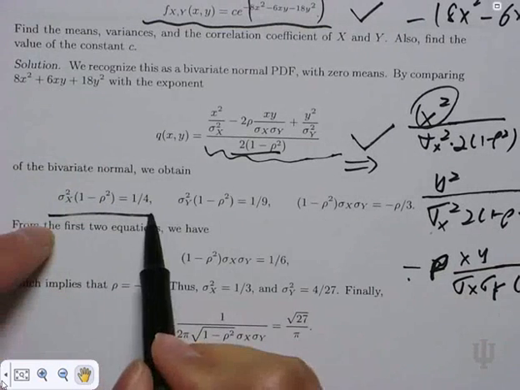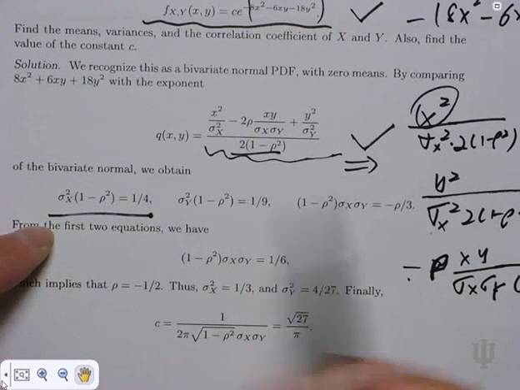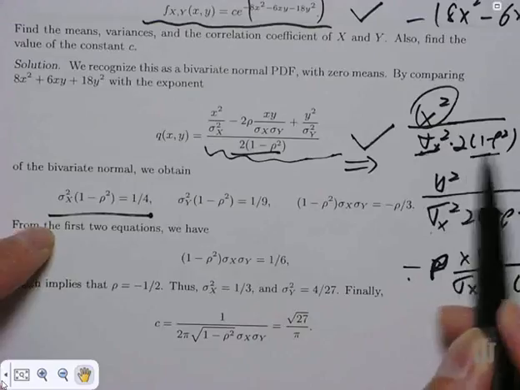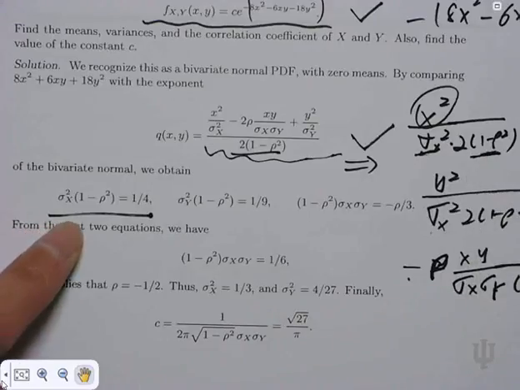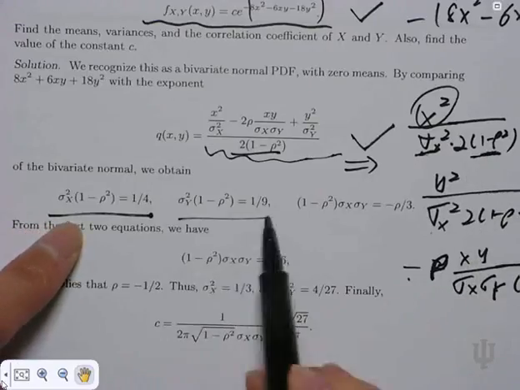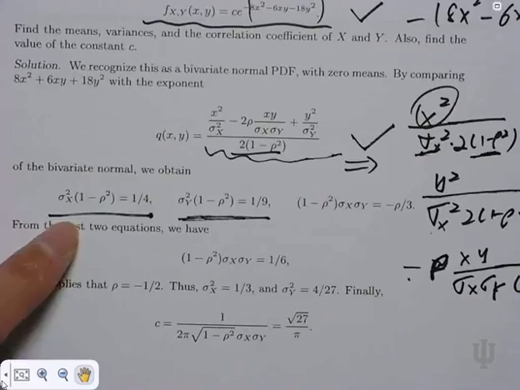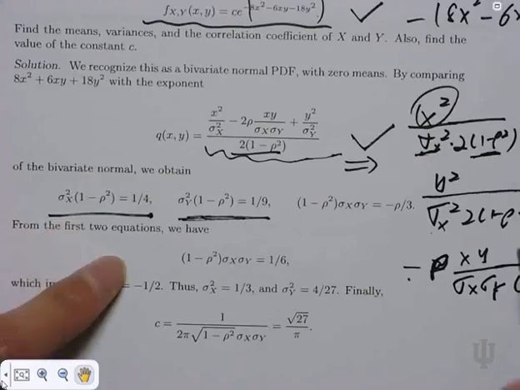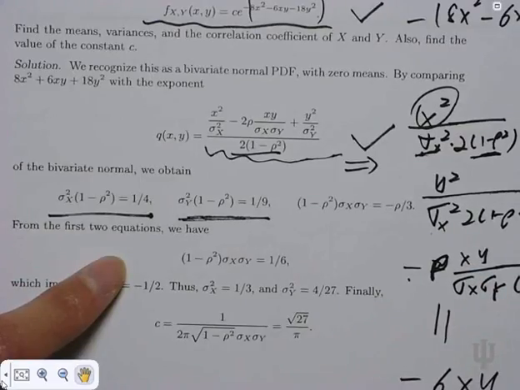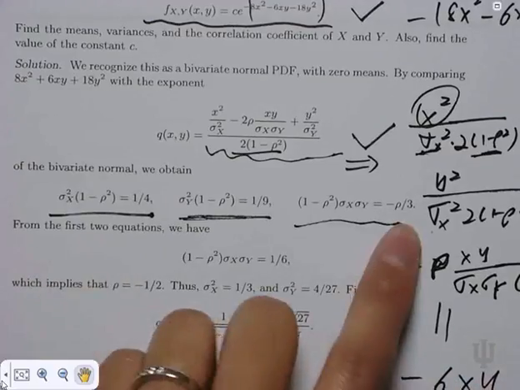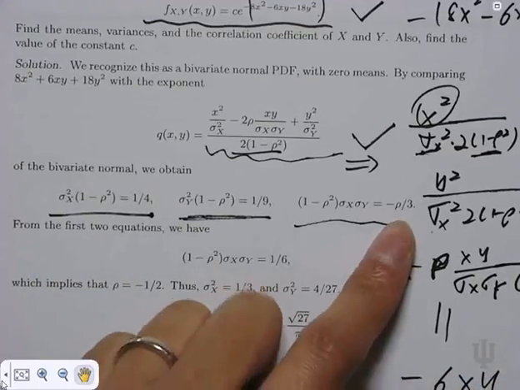You will have this equals 1 over 4, right? And this equals 1 over 9. And you know this equals minus 6xy. So this gives you 0 over 3, right?